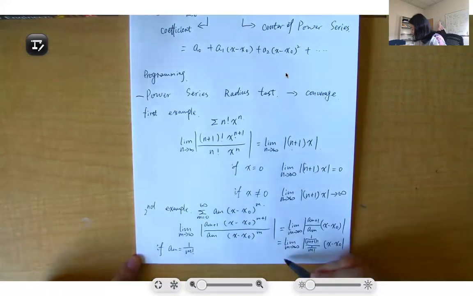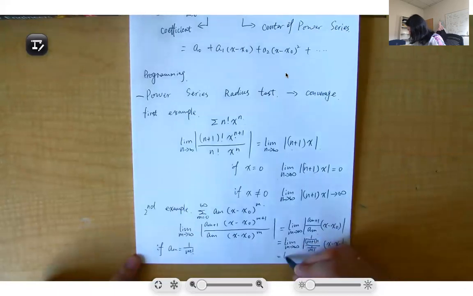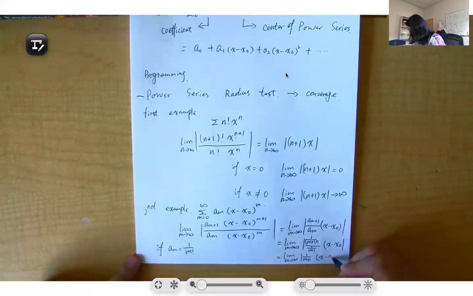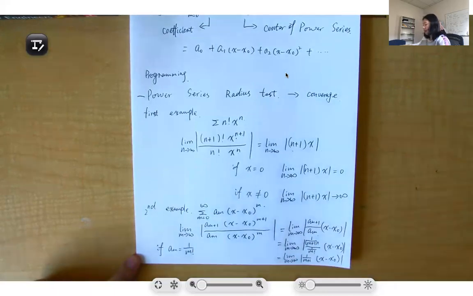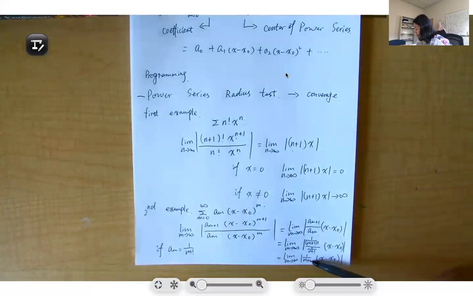That will basically be m factorial divided by (m plus 1) factorial, so it is the limit as m goes to infinity of 1 over m plus 1 times the absolute value of x minus x naught. As m goes to infinity, 1 over m plus 1 goes to 0.